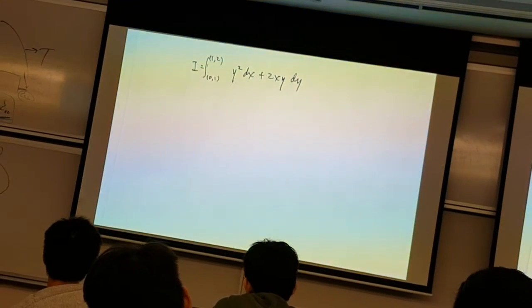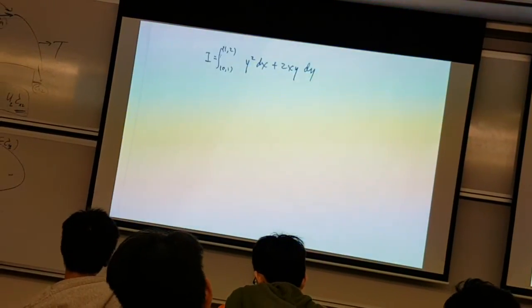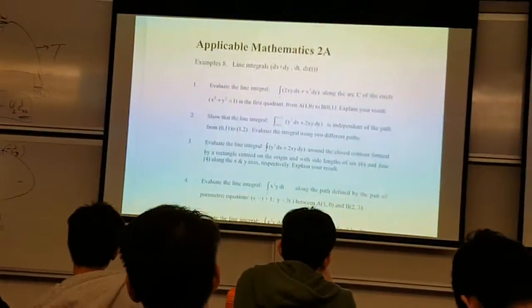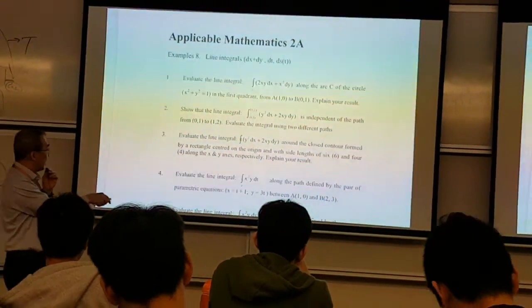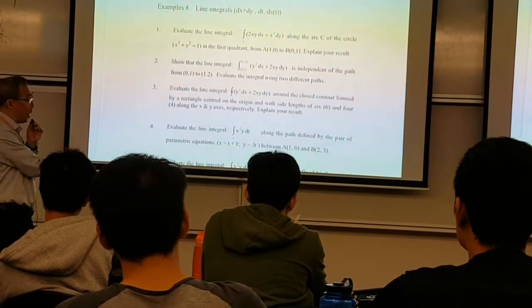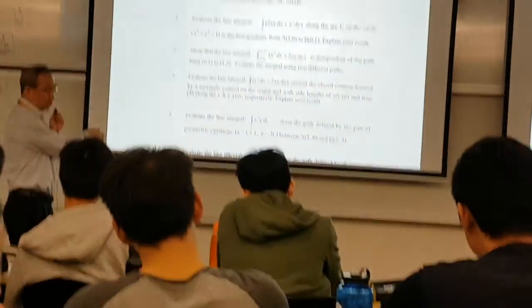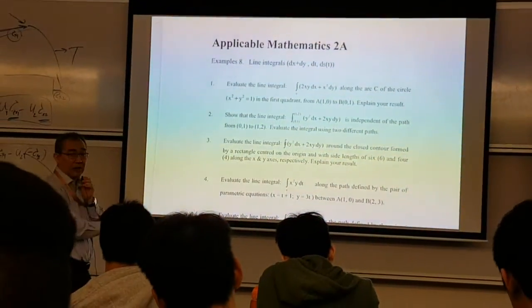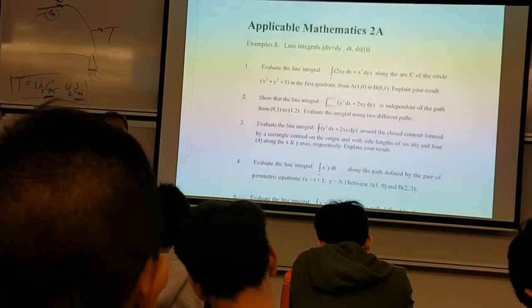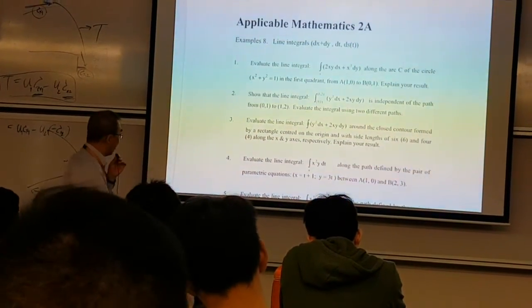The question actually asks you to show that the line integral is independent of the path from (0, 1) to (1, 2). Evaluate the integral using 2 different paths. So that's what the question asks.